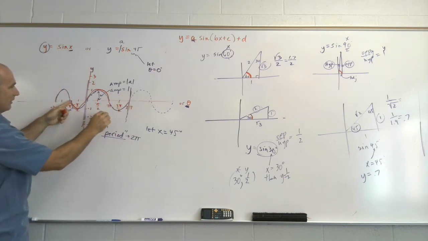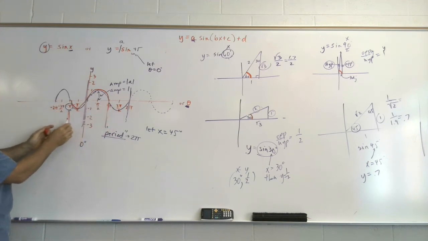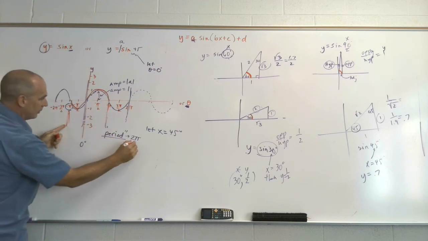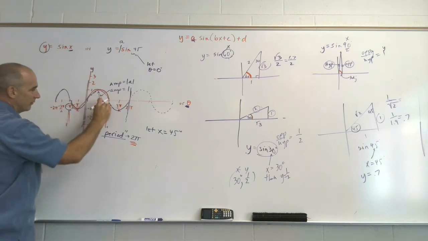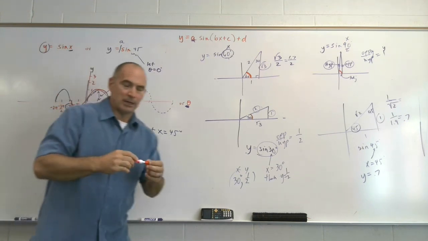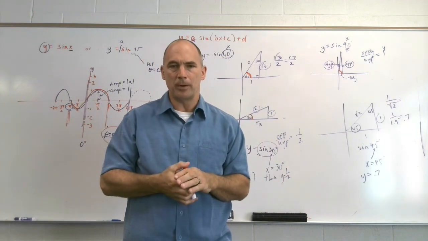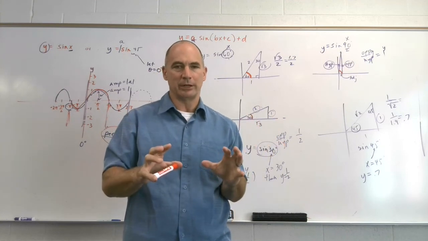So a student might say, well, I want to pick from here to here. That's fine. What is it from negative pi all the way to positive pi? It's still 2 pi. It takes 2 pi to complete one cycle. That's the word period, okay? And there's more where that comes from, but I want to get this idea of amplitude and period going today.